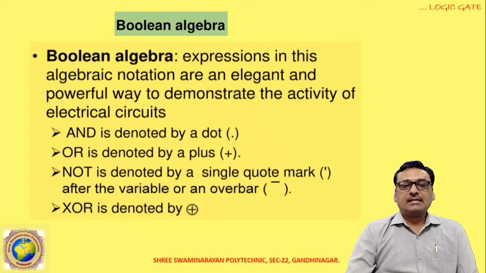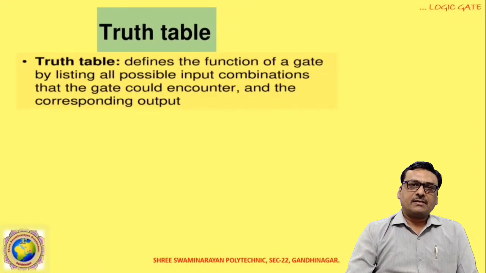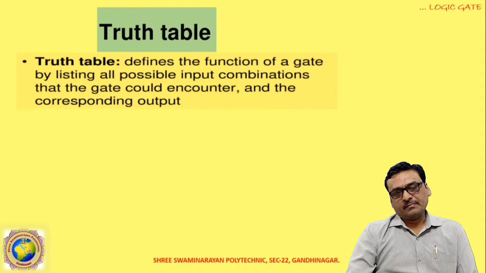Then second is the truth table. The truth table depends on the number of inputs. As previously discussed, as the number of inputs increases, the possible input combinations increase. The truth table defines the function of a gate by listing all possible input combinations that a gate could encounter and the corresponding output.